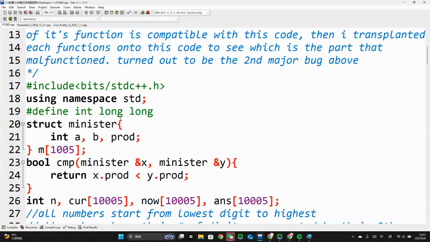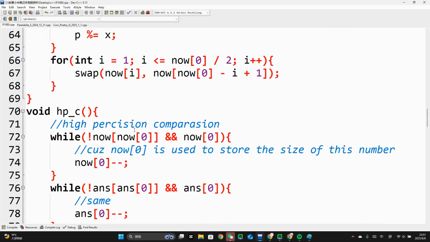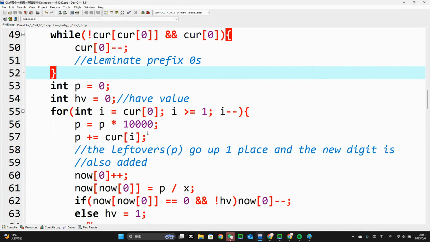I'm tired. You simulate the process of addition or multiplication in which you store a number into an array, so you can store bigger numbers.